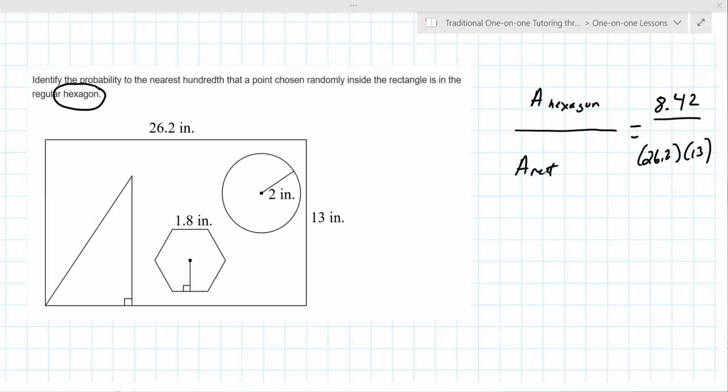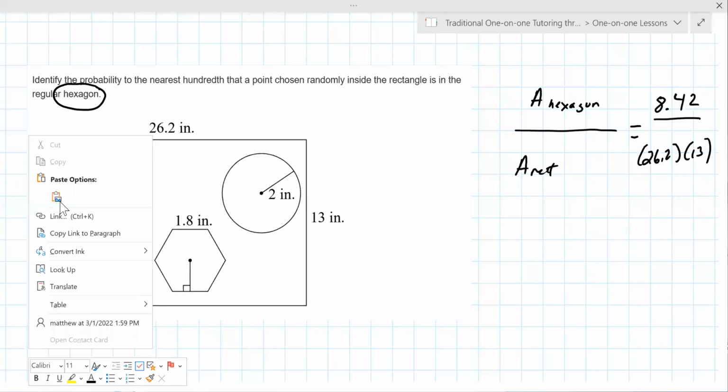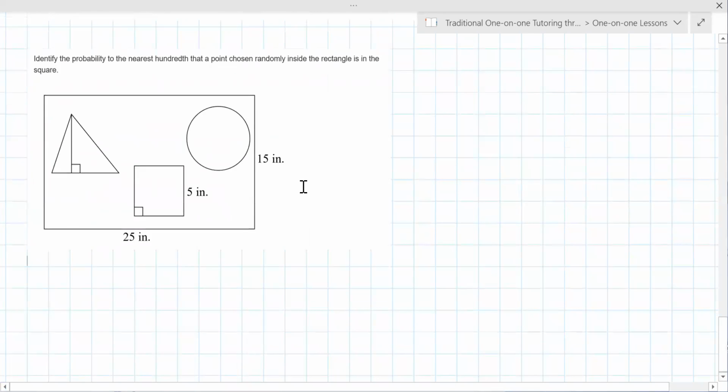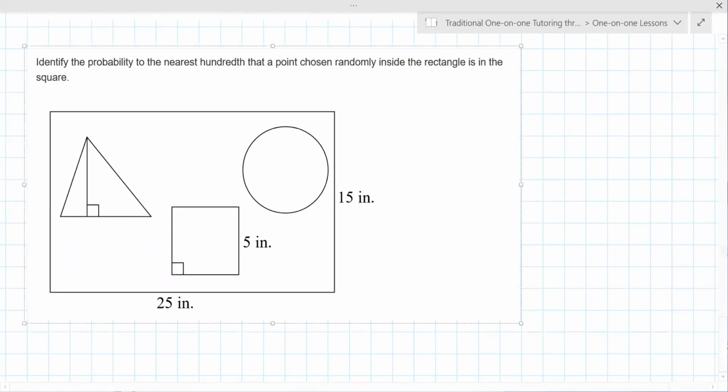All right. Okay. So here we go. First question is just like the ones we just did. I'm going to snip it in here. Okay. Go ahead and see if you can work through that, please.